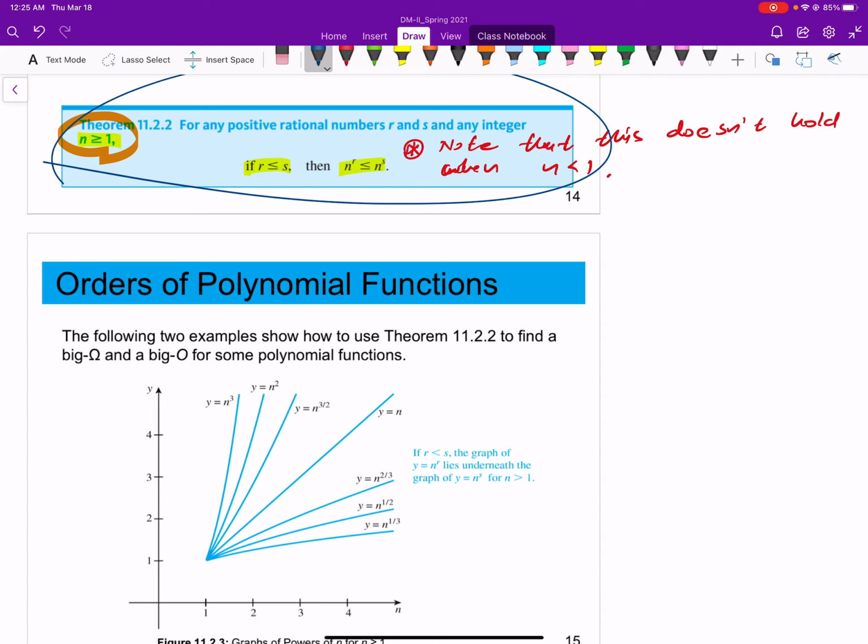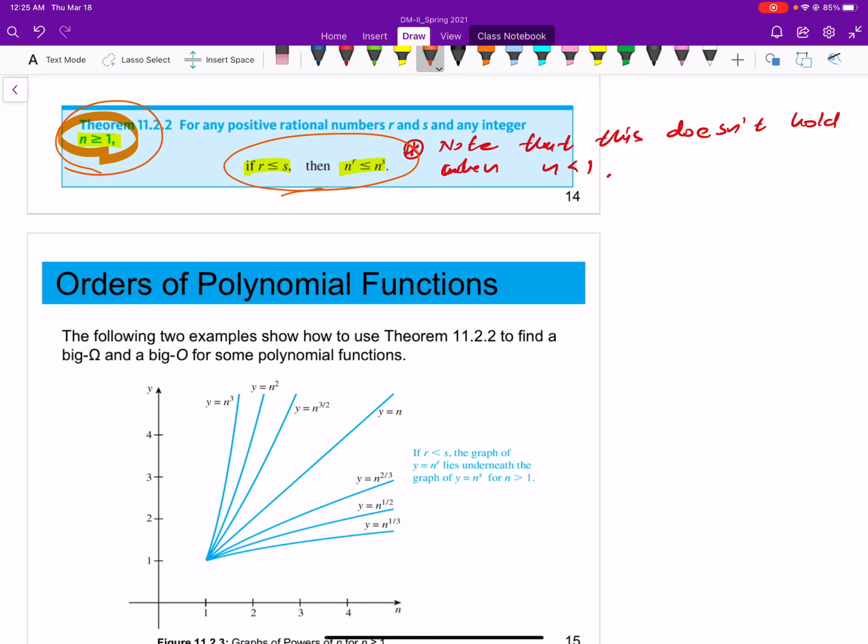This theorem says for n greater than or equal to 1, if s is greater than r, then n to the power s is greater than n to the power r.